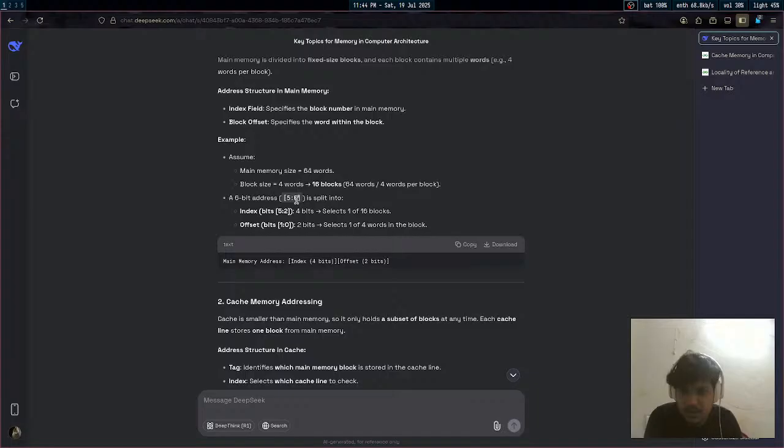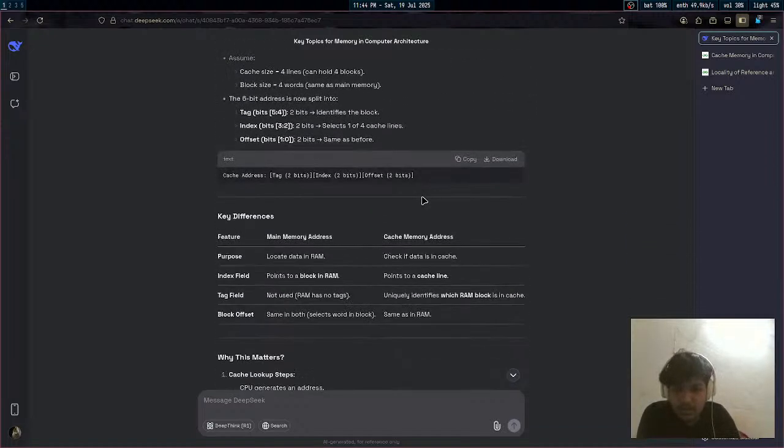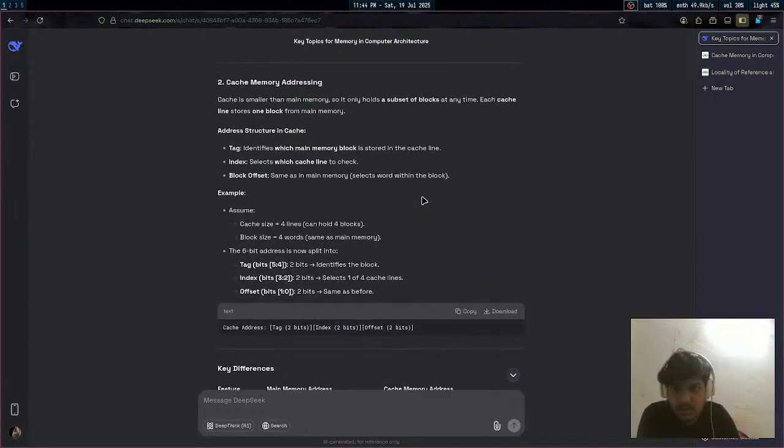Is that it? 4 bits select 1 of 16 blocks. Index. Wait, again this is confusing me more. Yeah, this is confusing me more.